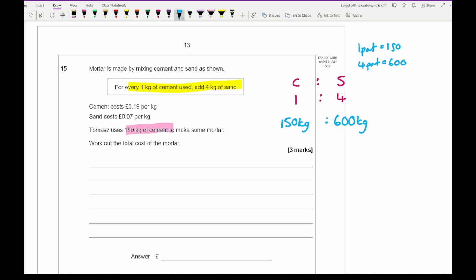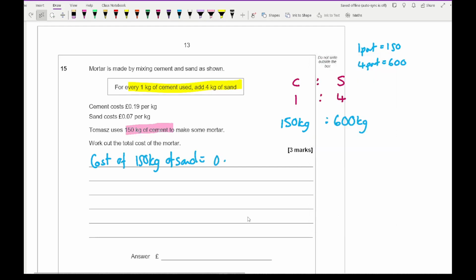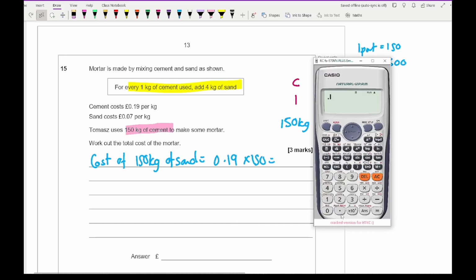Now the next thing we need to do is work out the cost. So the cost of 150 kilograms of cement is going to equal, and for this we need to just write down the calculation. So we've got 0.19 times 150 equals, and let's just type that into our calculator, 0.19 times 150 equals £28.50.